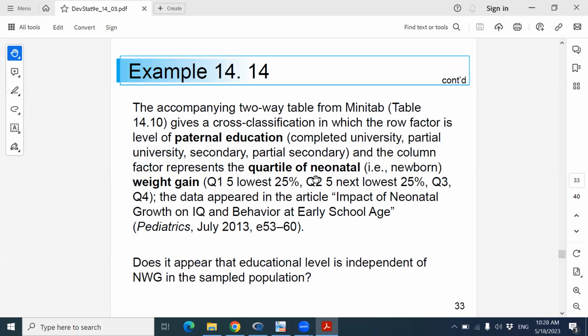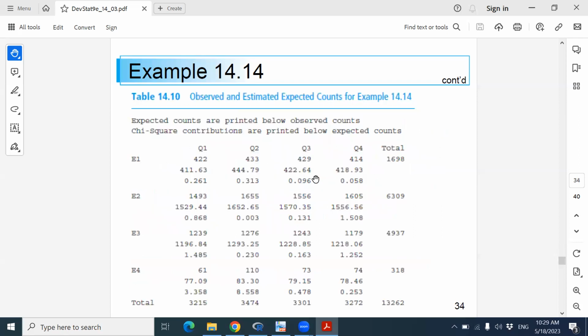And then the column factor refers to the neonatal weight gain percent quartiles: first quartile, second quartile, third quartile and fourth quartile. We would like to see whether the father's education and the newborn baby's weight gain are related to each other or not. So that's our goal. And here's the table.